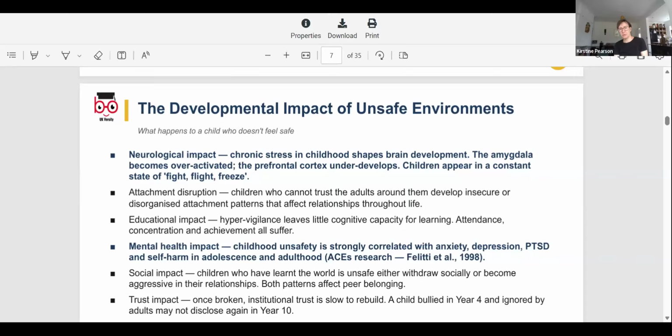Yeah, children have this constant fight, flight, freeze kind of approach where they become attached and disrupted, and it impairs their cognitive growth, and also increases their risk of not forming stable relationships as well.